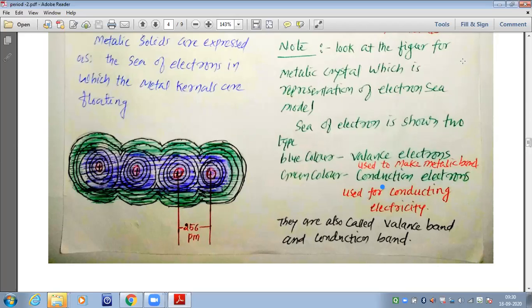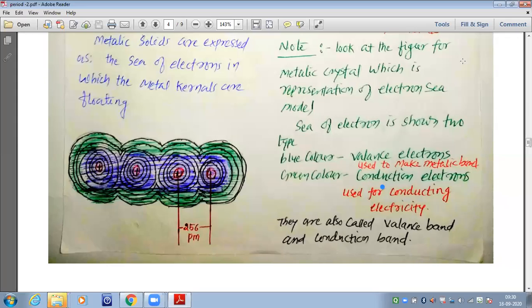My dear students, you can see that there are some orbitals which are intermixing or touching each other, whereas there are some electrons which are available as if they are not the orbital of a particular metal atom, but they are available all over the crystal of the metal, which I have shown you with the green ink.